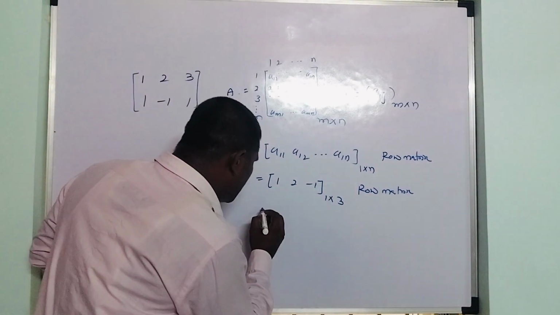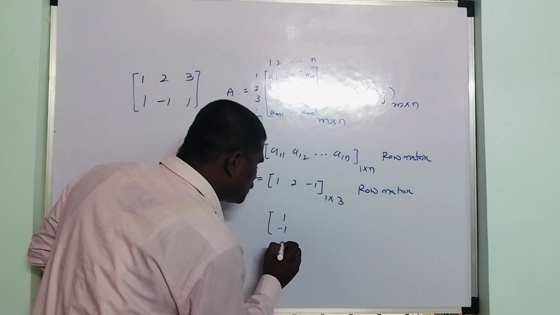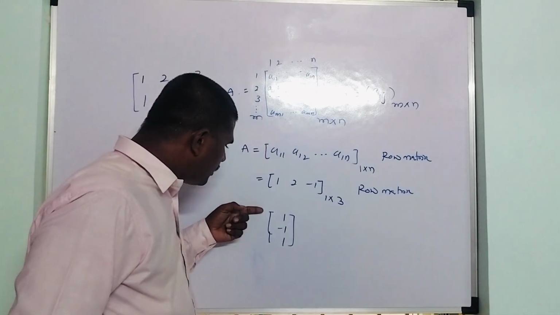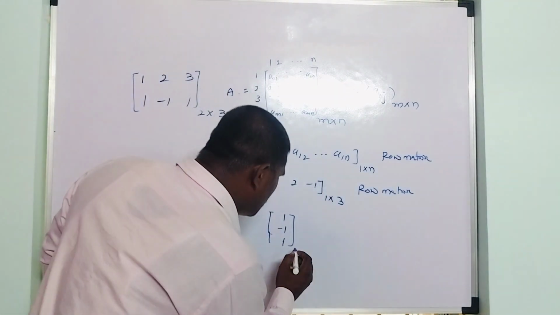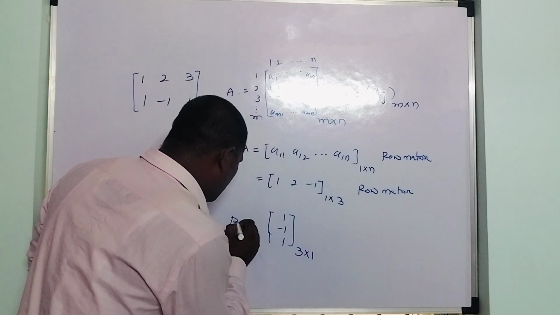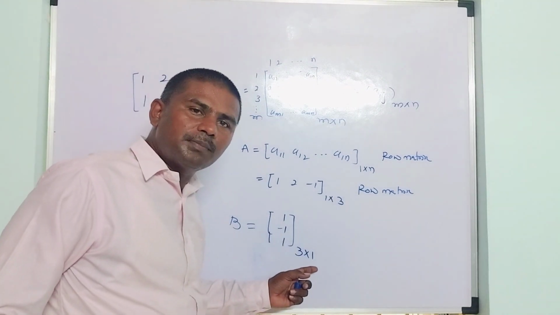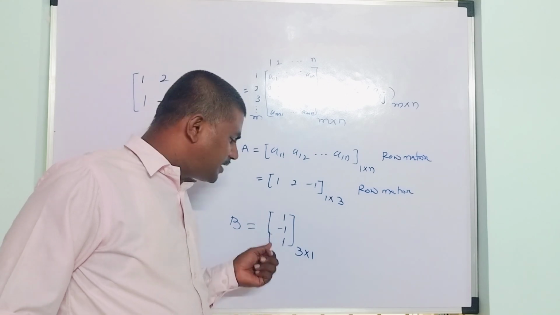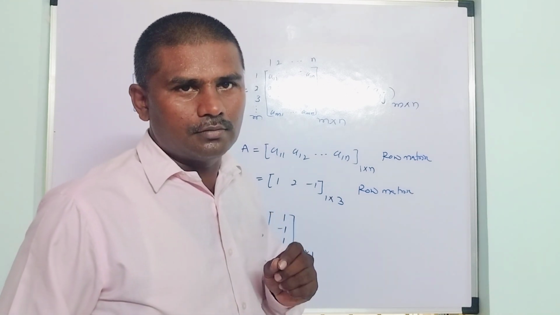Suppose there is a matrix, namely 1, minus 1, 1 in only one column, but there are 3 rows. You have 3 rows and 1 column. So the representation is 3 by 1. So if you have a matrix B with order 3 by 1, that means it has only one column, so you can say that this is a column matrix or column vector.